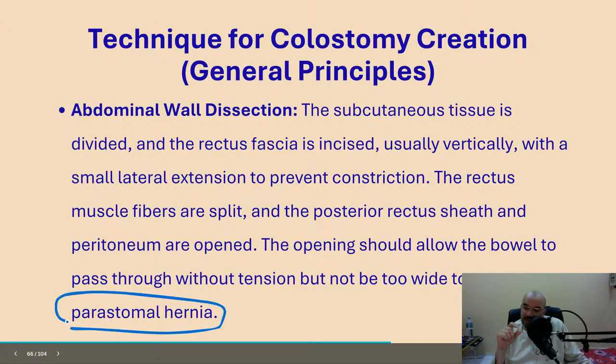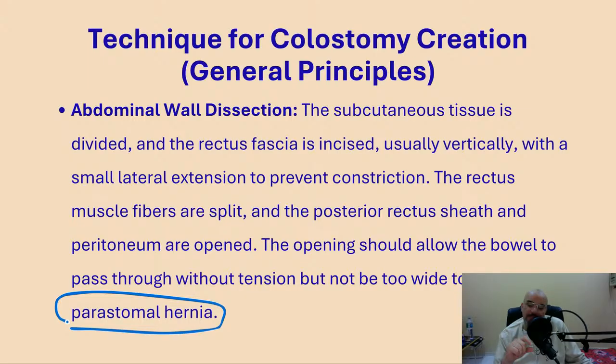It is when part of the abdominal organs, the intestine, is pulled out through the abdominal wall, which puts pressure on the sides of the stoma, causes pain, and can also complicate the digestive flow because there is an injury in the abdominal wall. So the technique of opening the abdominal wall, its effect, and also the assessment of the abdomen matter.